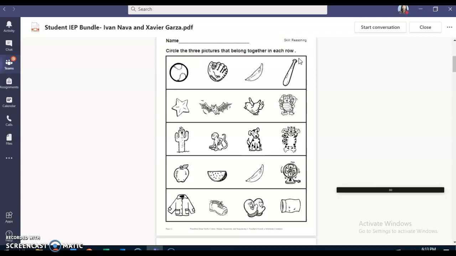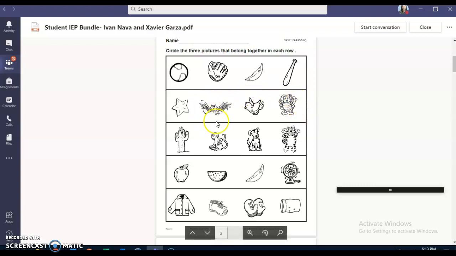Let's go ahead and look at item number 2. So, picture number 1 is a star. Picture number 2 is a bat. Picture number 3 is a bird. Picture number 4 is a bee. So, let's go ahead and see which ones belong together.